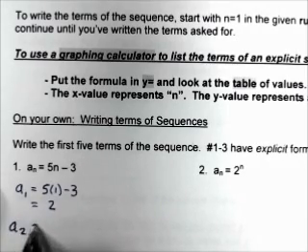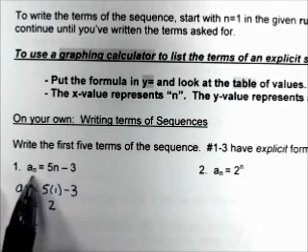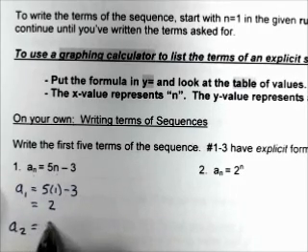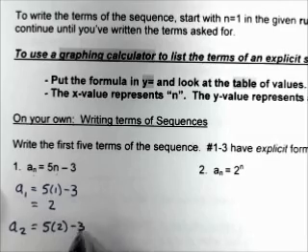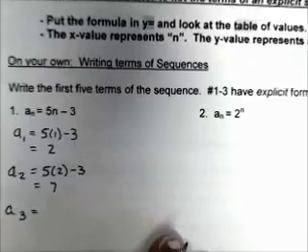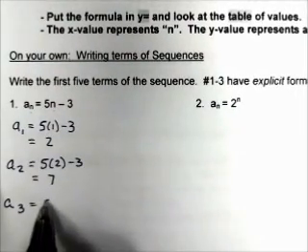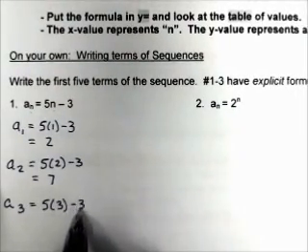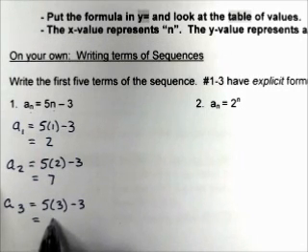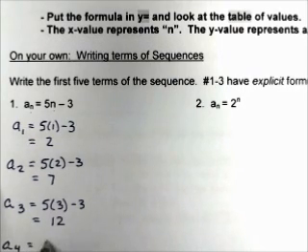a sub 2, our second term, we replace n with 2. It would equal 5 times 2, subtract 3, that's 10, subtract 3 is 7. Keep doing this. a sub 3, our third term, would be 5 times 3, subtract 3, that's 15, subtract 3 is 12. a sub 4, our fourth term, would be 5 times 4, subtract 3, that's 20, subtract 3 is 17.